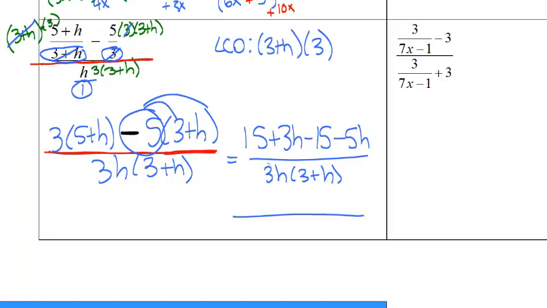The 15 minus 15 adds to 0, and I am just left with 3h minus 3h minus 5h, which is negative 2h. And it looks like one of the copies of h in the numerator and the denominator divide out nicely, and my final answer should be negative 2 over 3 times 3 plus h.